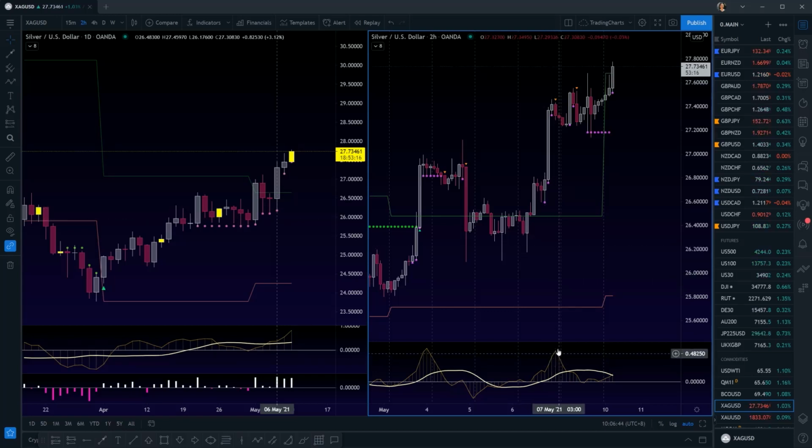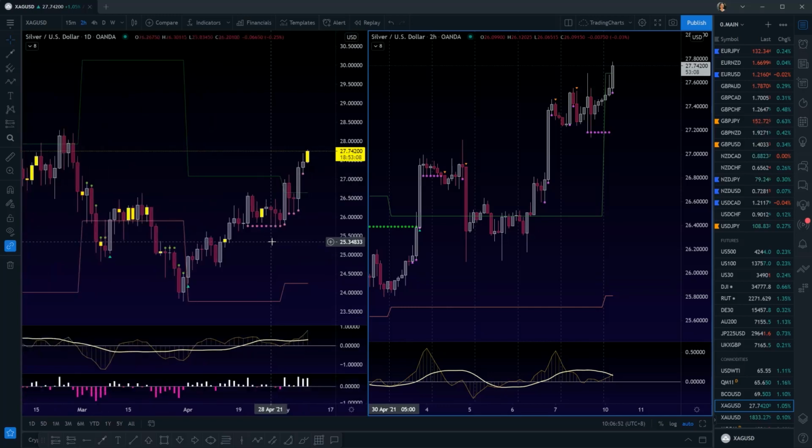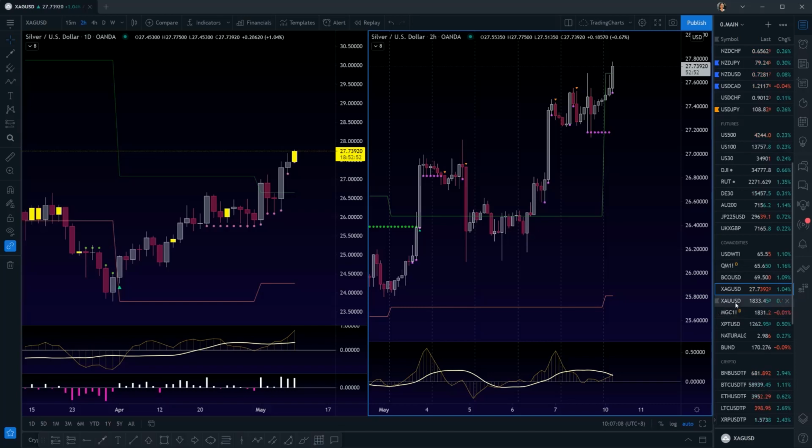You look at that, this high made a higher high, but it didn't make a higher high here, and this one, yeah, so it's a bit out of sync. I mean, it is pulling away upside, but I only trade pullbacks, and even if you trade breakouts, there isn't an obvious level to break out from, so it's no trade for me right now.